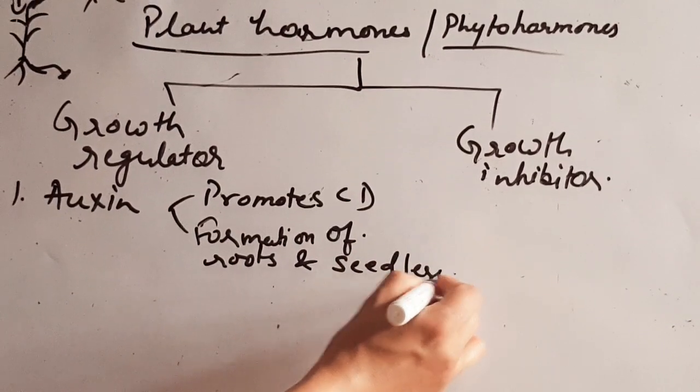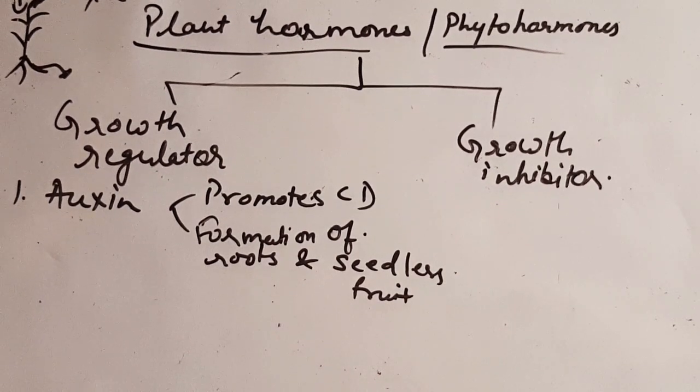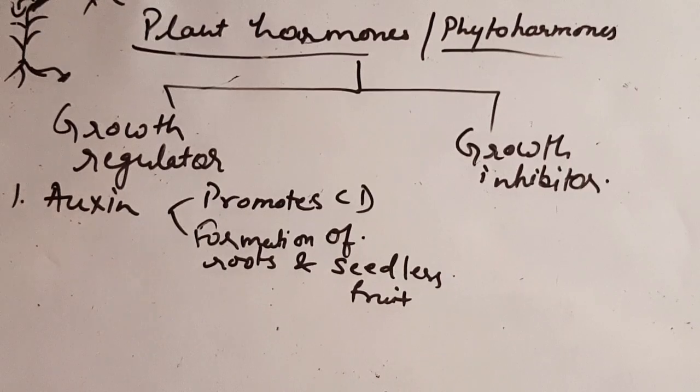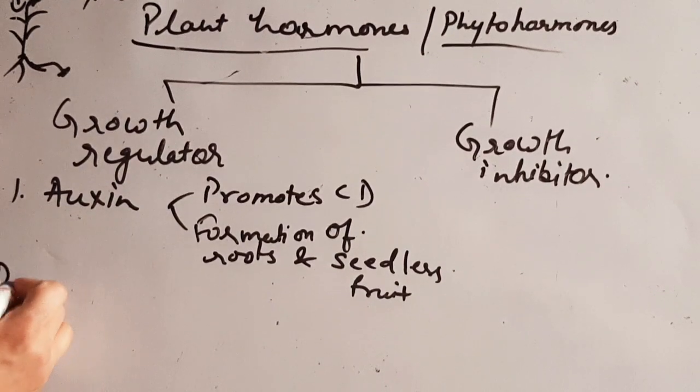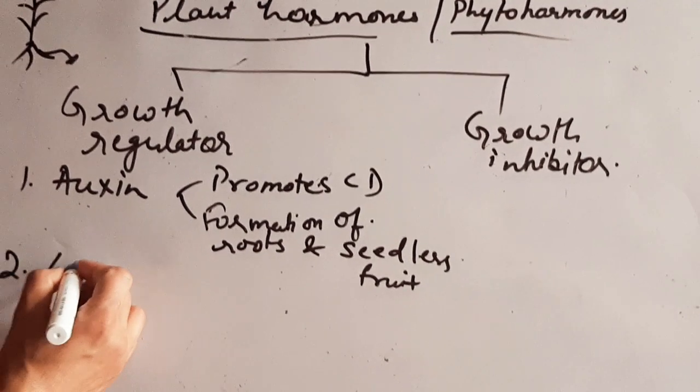We can obtain seedless fruit out of it. There are many functions actually, but you can remember the major ones and the ones which are given in your NCERT. Let's talk about the second growth regulator, that is gibberellins.